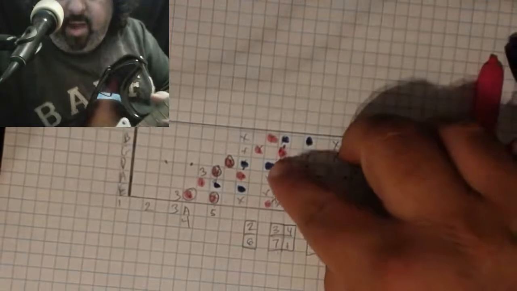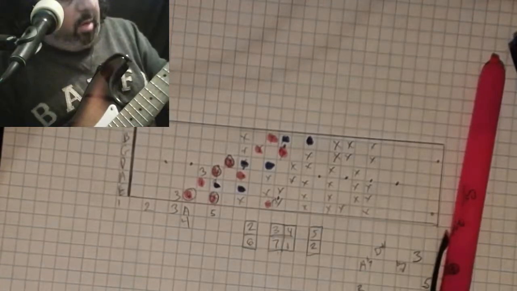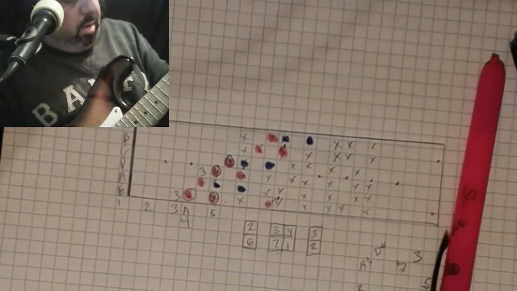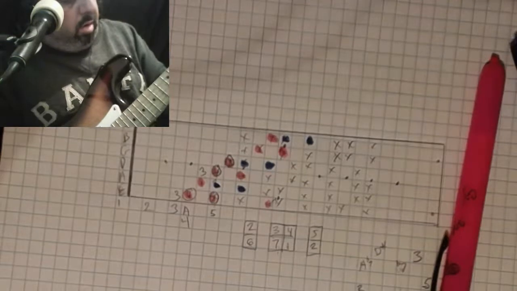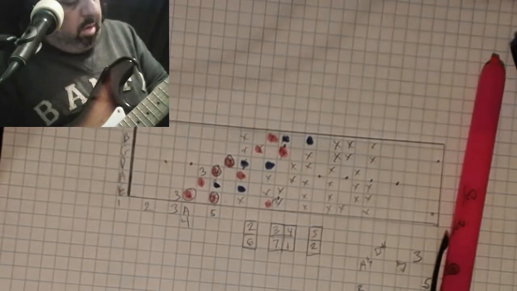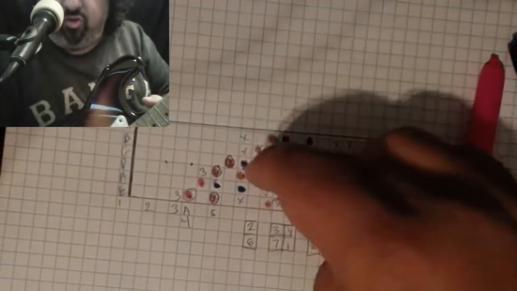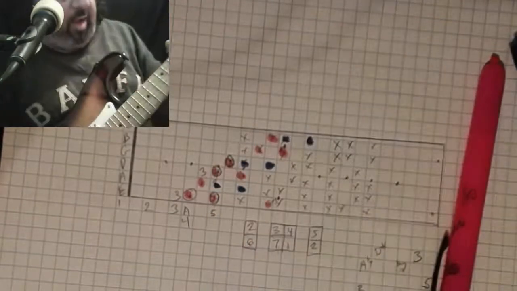You can take that as a slide down to get to your next shape. And once you're in that shape, you can use those as your position shift notes to get your hand over where you need.